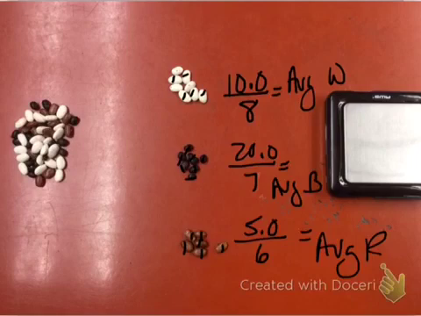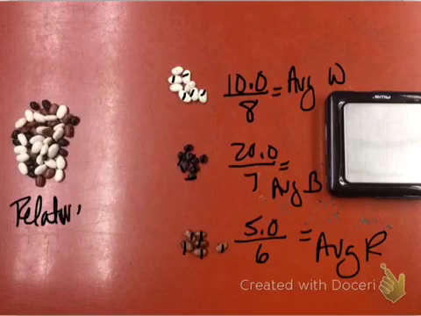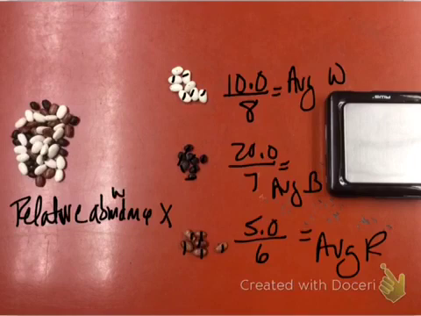So now we have our relative abundance. We're going to take our relative abundance, which was that percent that we got in the last slide, which I forgot what those values were. So relative abundance, and I'm going to multiply it by the average mass. So relative abundance of white times the average mass of white.